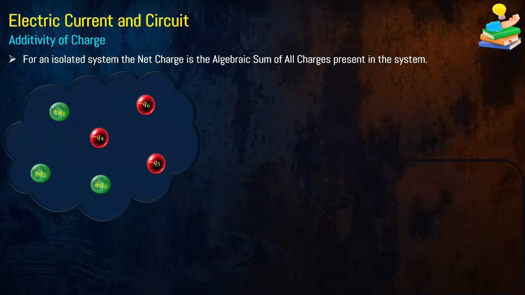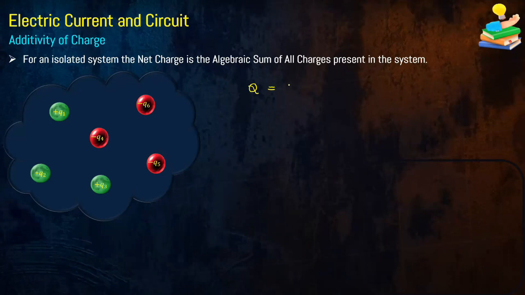To determine the net charge of an isolated system, we need to apply additivity of charge. What is the net charge? The net charge is represented with capital Q. Capital Q is the net charge of the system. It is the algebraic sum of all individual charges present in the system.